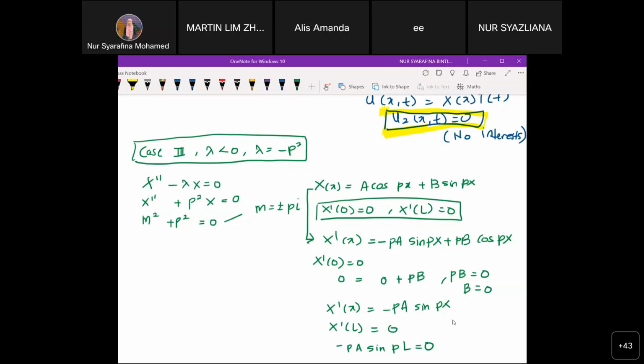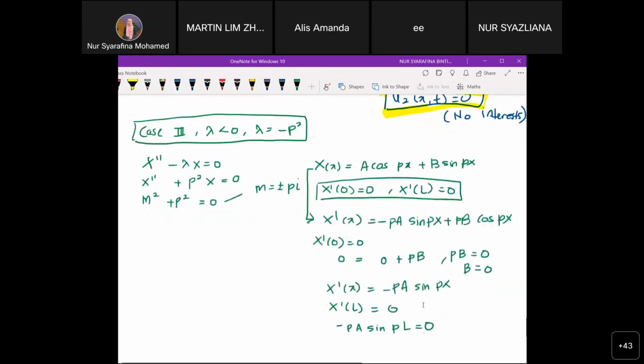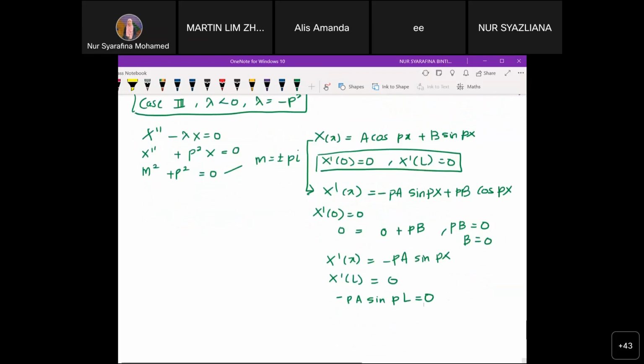Okay, so from here, you know that p cannot be 0. And since A also cannot be 0, then we have sine pL equals 0. Just put everything to the right hand side, and then we have sine pL equals 0.